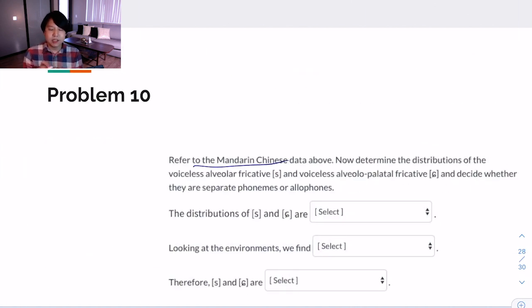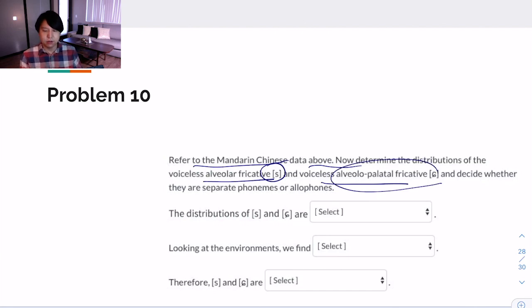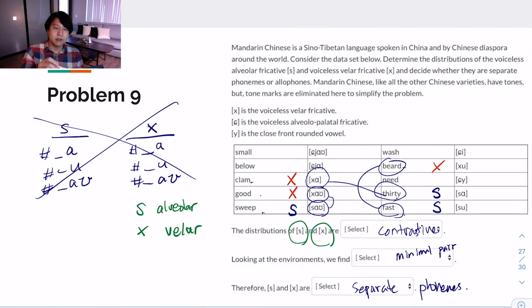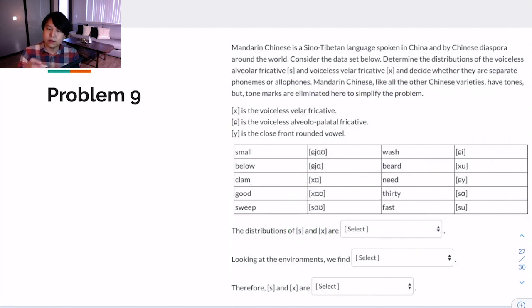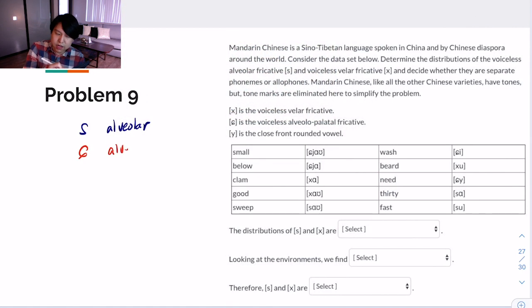Refer to the Mandarin Chinese data above. This time we see alveolar S and the alveolo-palatal fricative sha sound. So let's go back. This time we're going to look at different sounds: S, which is alveolar, and the sha sound, which is alveolo-palatal.